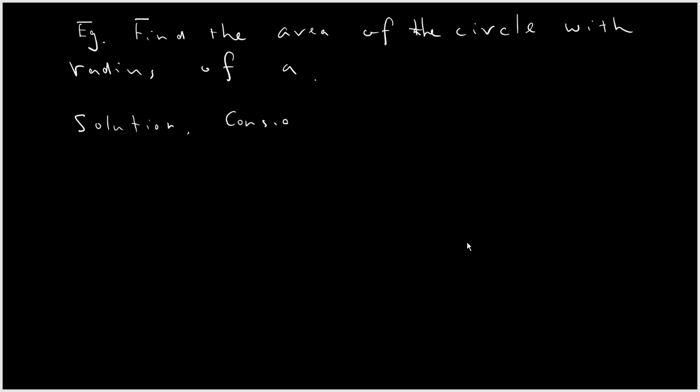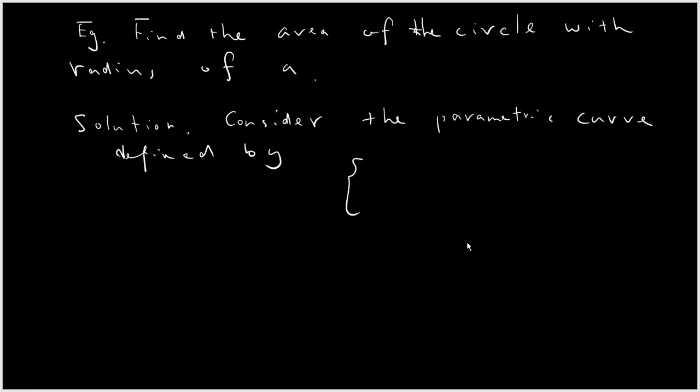Now consider the parametric curve defined by the parametric equations. You remember I told you how to get the parametric equations of a circle centered at the origin with the radius of a.